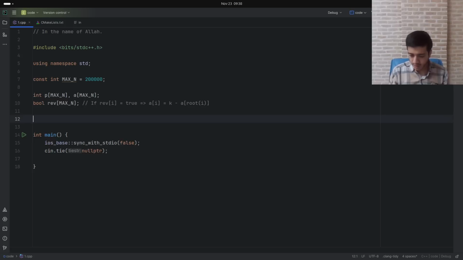Then it's going to be easy. So let me think about what happens when we merge. Okay, I understood.